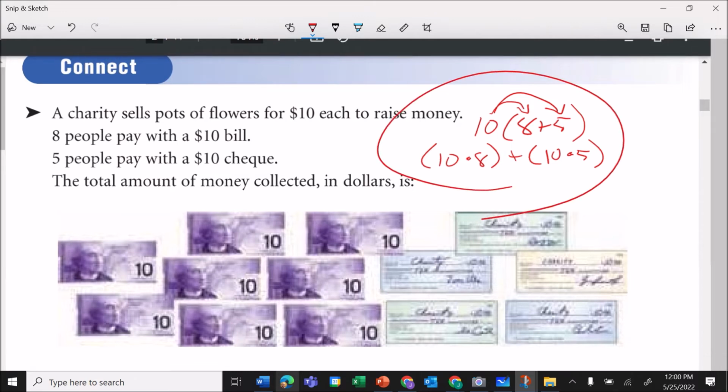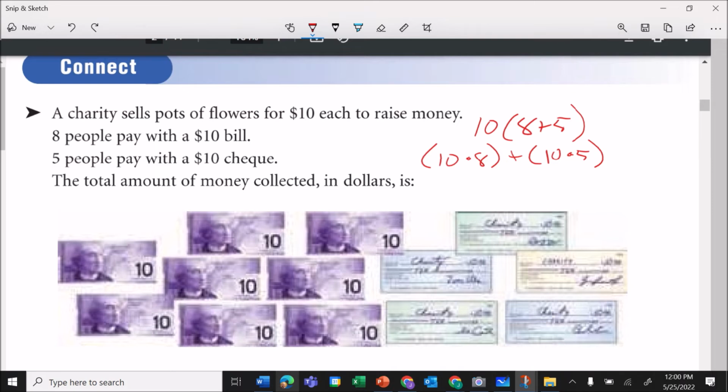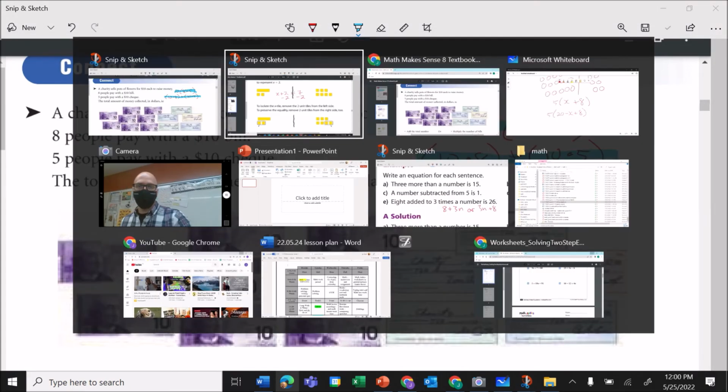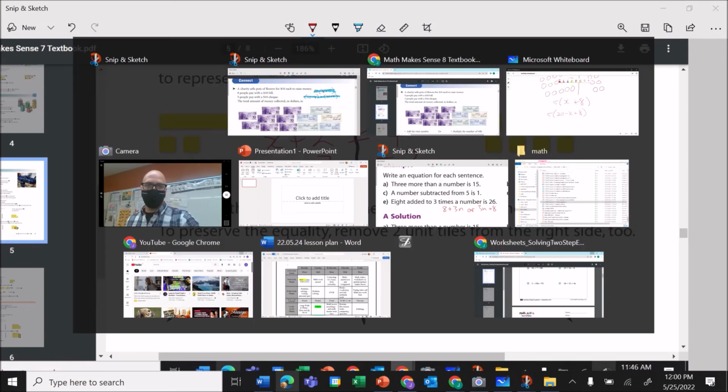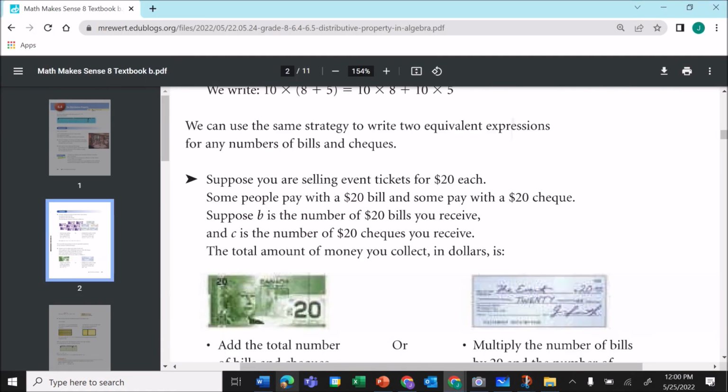These two are the same. The only difference is this one is using the distributive property. This is the same question, but it's expanded after the distributive property has been done. Oh, wrong frame. All right.